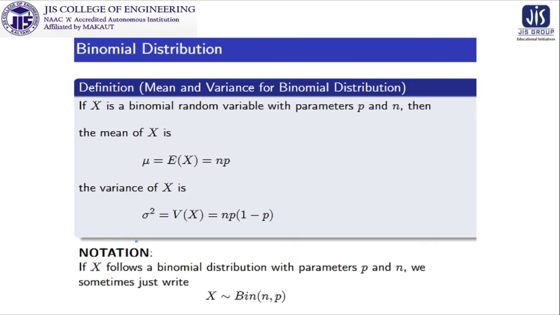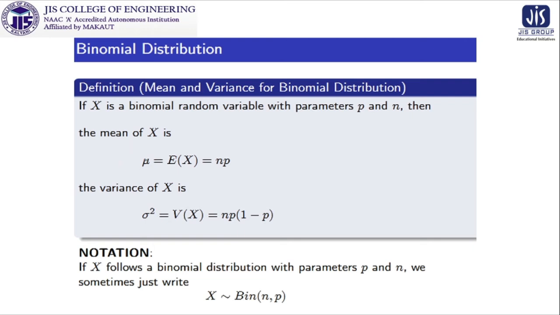Now we are entering into the discussion of mean and variance for the binomial distribution. We have already discussed the mean, variance and standard deviation in the general format of probability distributions, but as we are now discussing a special type of distribution, we have to discuss the mean and variance for this one also.